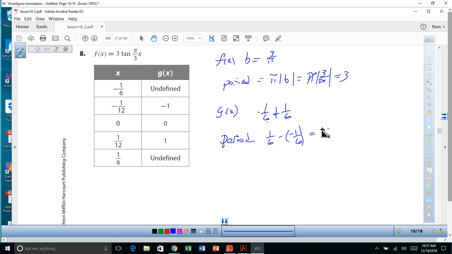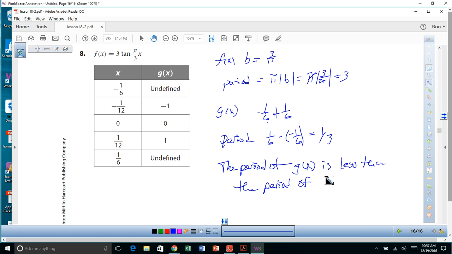Which equals 1/3. So the period of g of x is less than the period of f of x. All right.